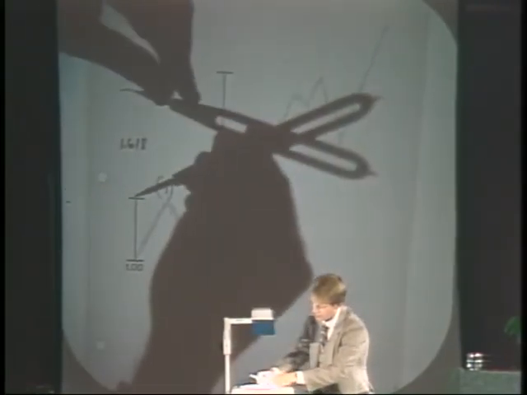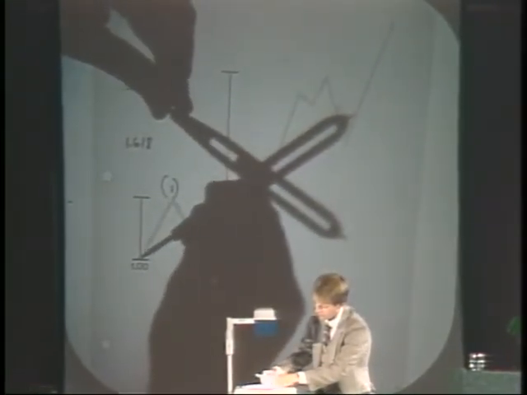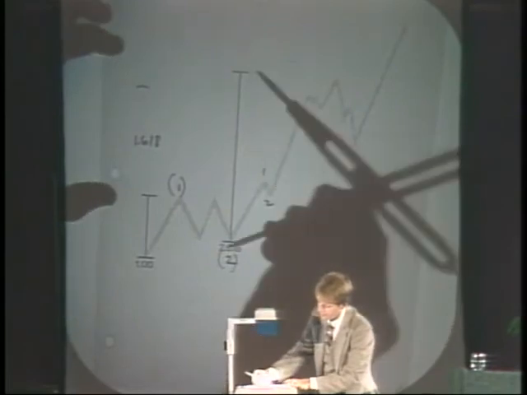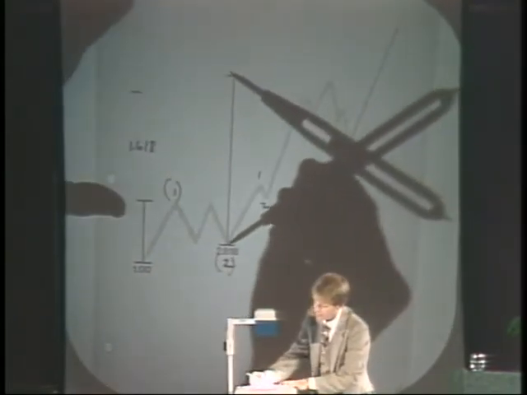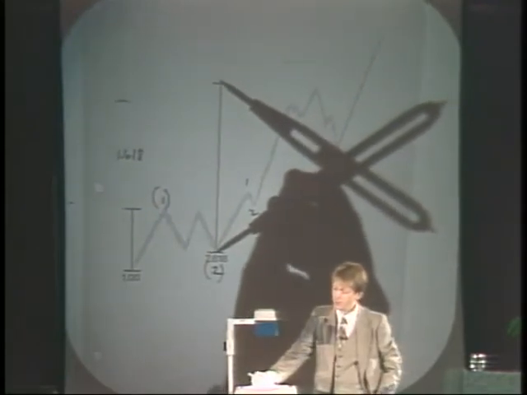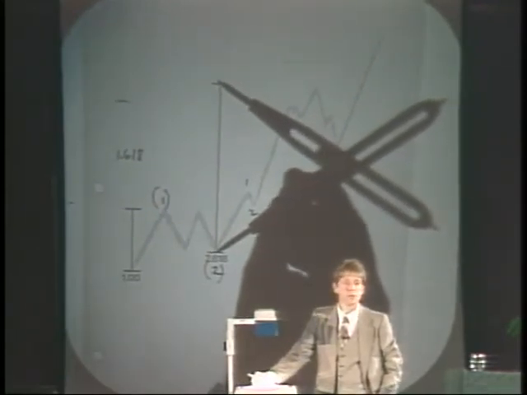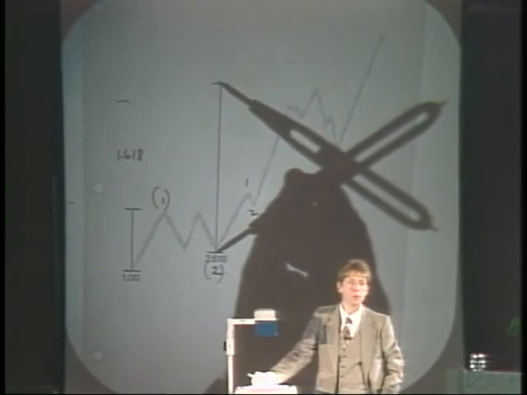And then I can just take the compass, expand it, and add that, should be exact, to the low at intermediate wave 2 to obtain a projection for where intermediate wave 3 would be 2.618 times the length of intermediate wave 1.